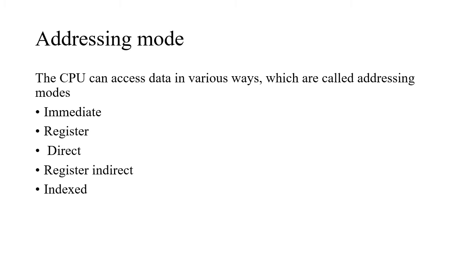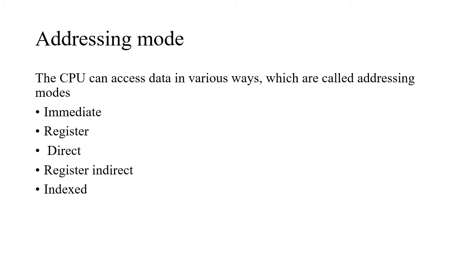For a CPU, in order to execute the instructions or to process the data, the CPU has to fetch the data from the memory, which can be either RAM or ROM. The data has to be fetched either through the register, or it can be provided as an immediate data, or it can be fetched in the form of direct memory.